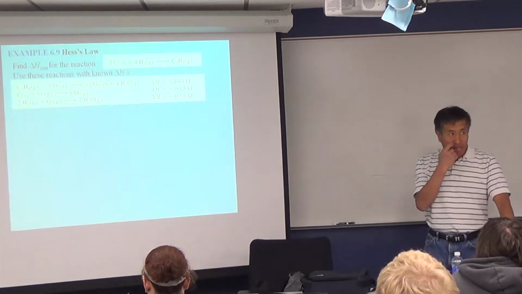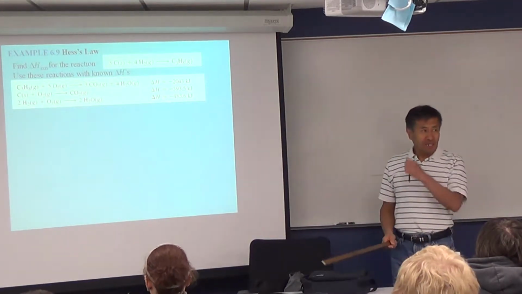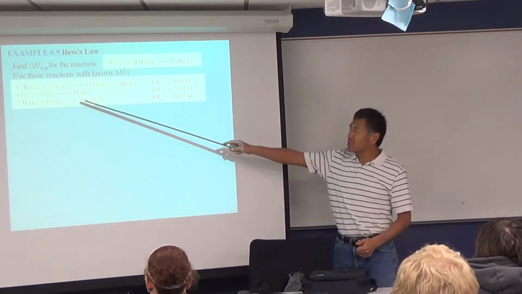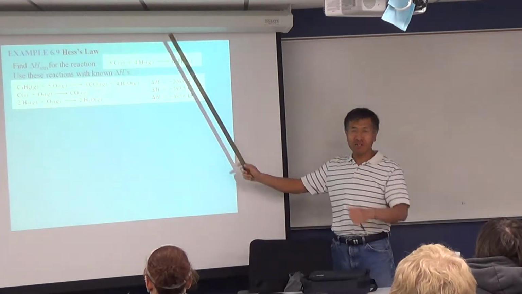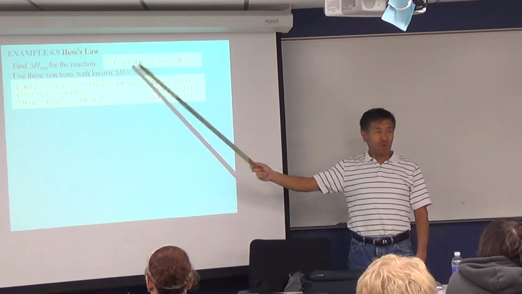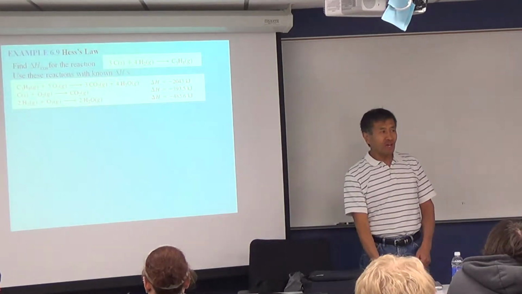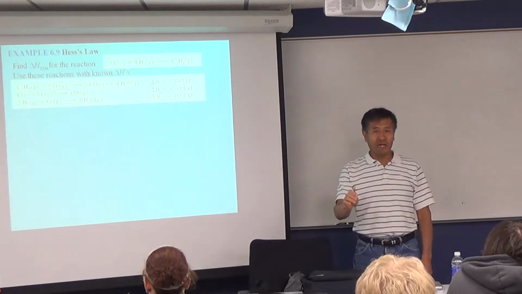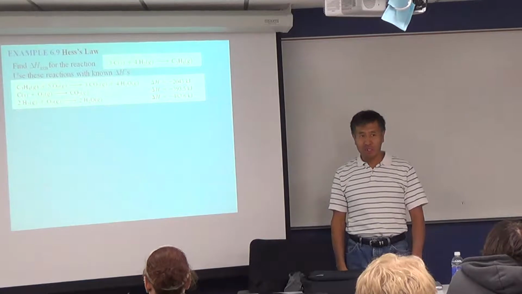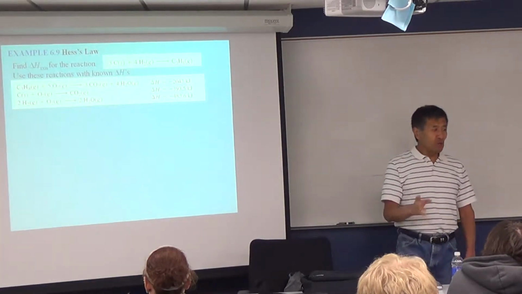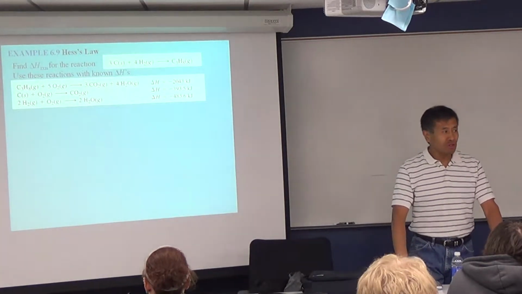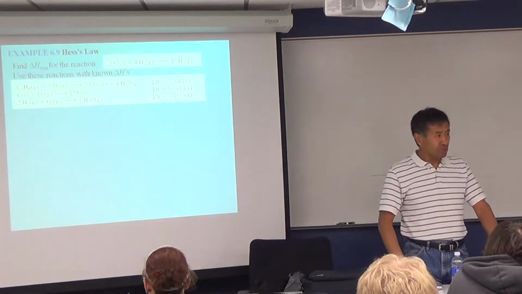It's a little more difficult than what I did in the last slide, because if you simply take these 3 equations adding together, you will not get that equation. What we did in the last slide, you did not do anything, just take reaction 1 plus reaction 2, get reaction 3, and then delta H3 equals delta H1 plus delta H2.